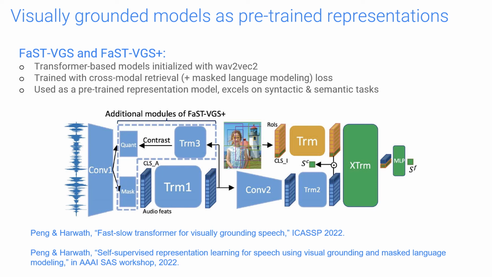And this model does not only do well on cross-modal retrieval, but also performs competitively on benchmark speech-only tasks. And we'll be hearing more about these benchmark tasks in the next section of the tutorial. This model does especially well on syntactic and semantic tasks, which is what we might hope to see in a model that is trained with visual grounding.